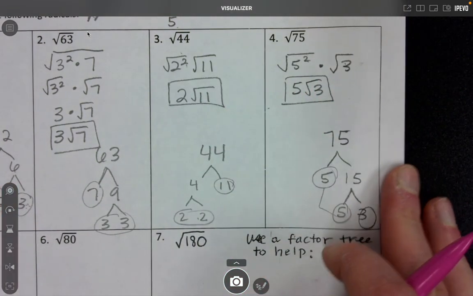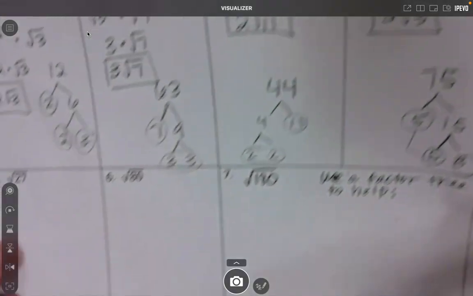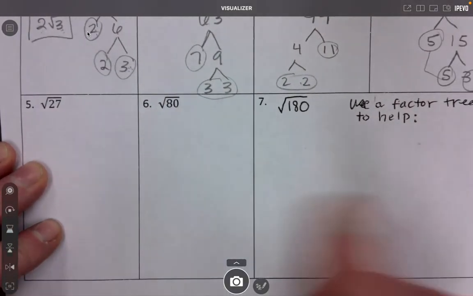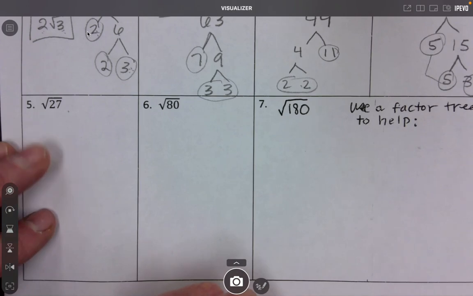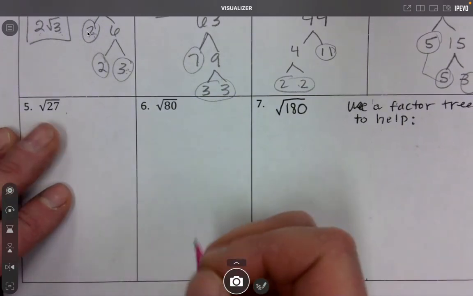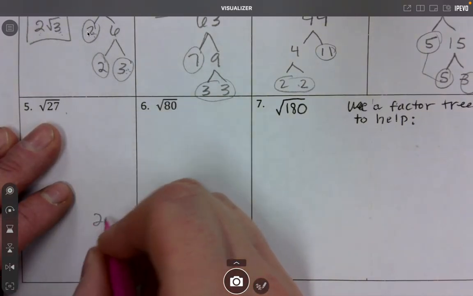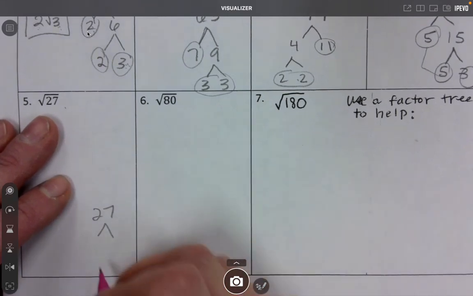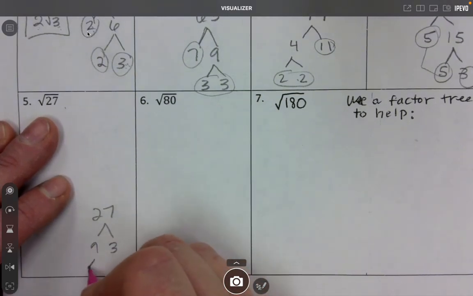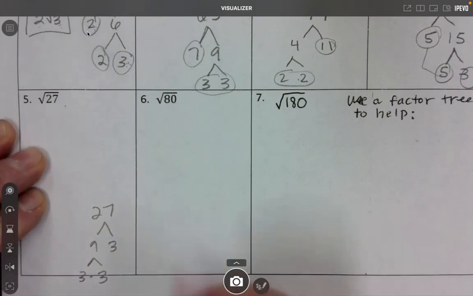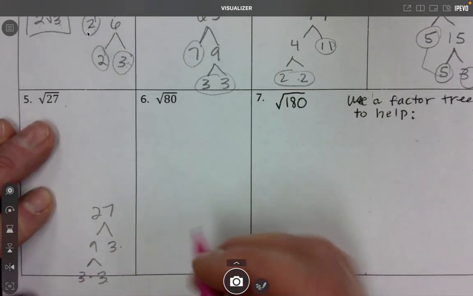All right, let's go to our bottom row. Let's see, 27. All right, so for 27, let's see, 27 is 9 times 3, and 9 is 3 times 3. So this one's interesting because I have 3 factors, but really I need 2, right?